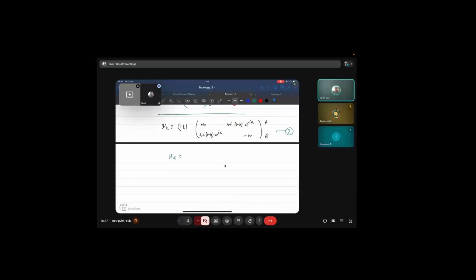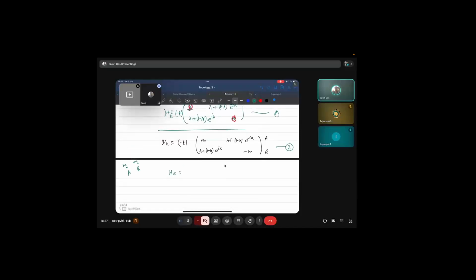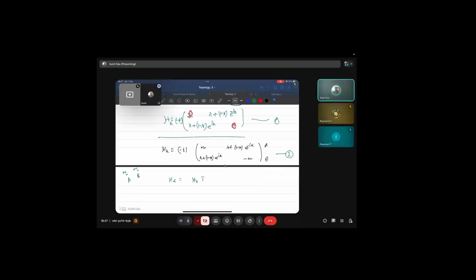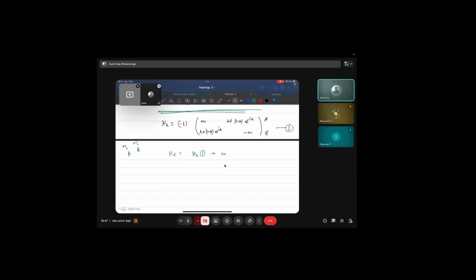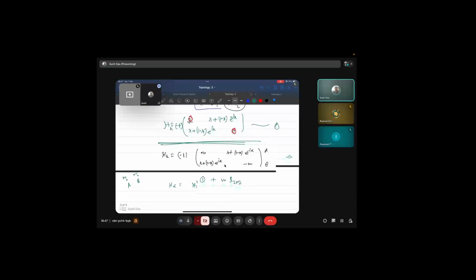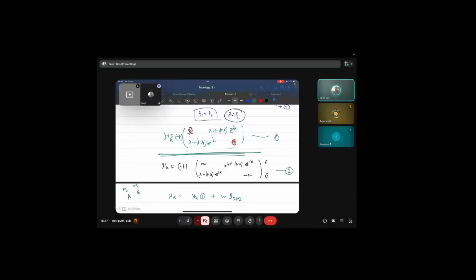If A type of atom and B type of atom both feel the same amount of m, then what will happen is just the Hamiltonian of equation 1, plus m times the 2 cross 2 identity matrix. Here also m, here also m.